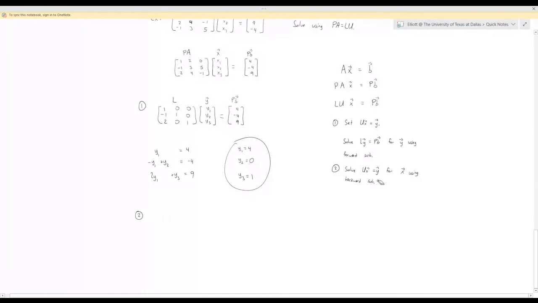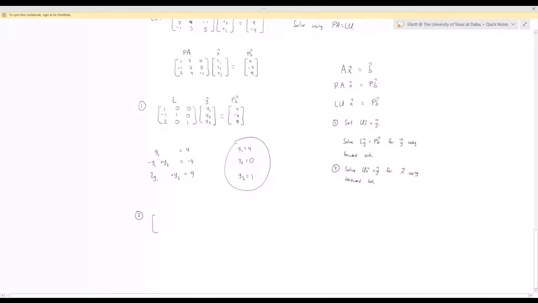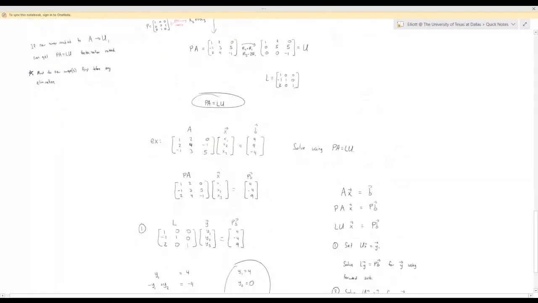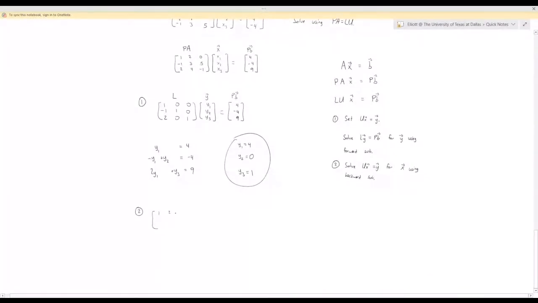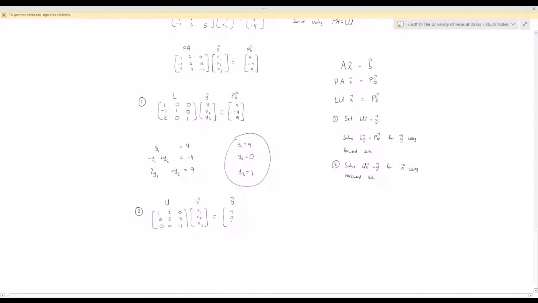Now that we know Y, we know that Y is supposed to be UX. So let's take the upper triangular U that we had. So we're going to have U times X equals Y, which we found just now.